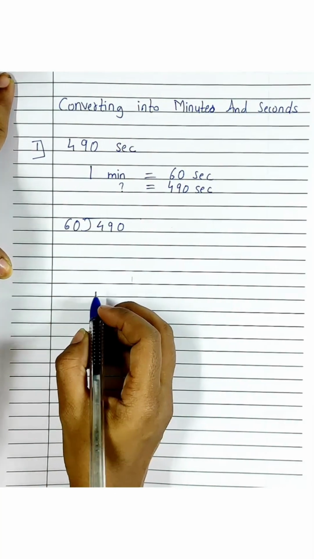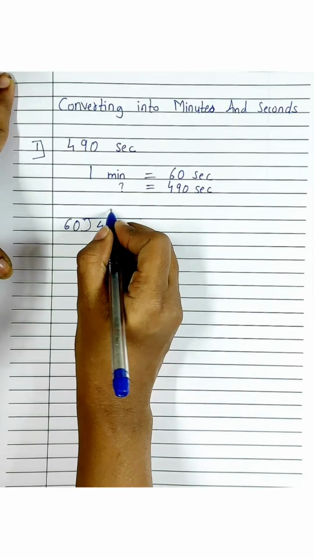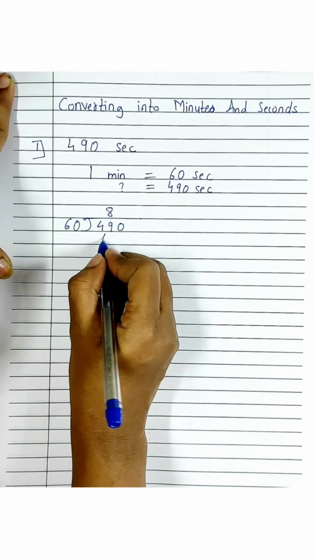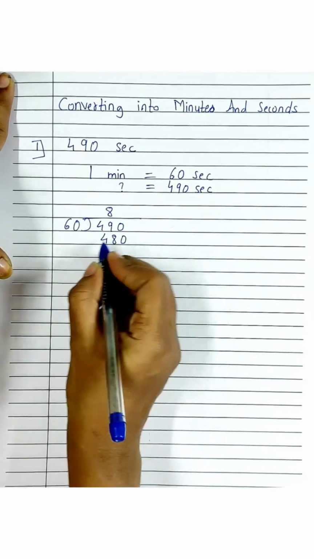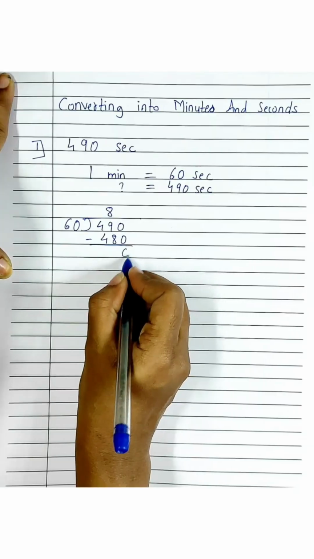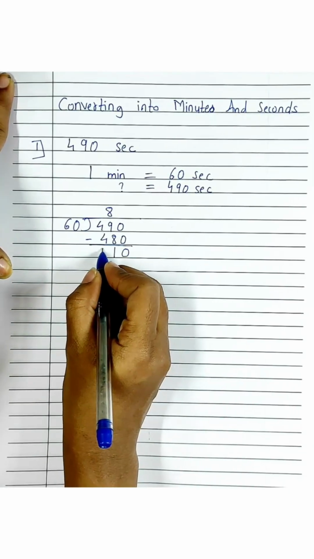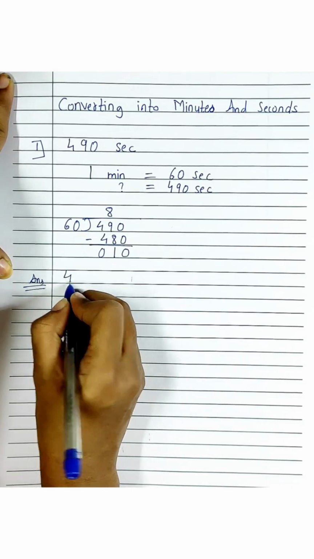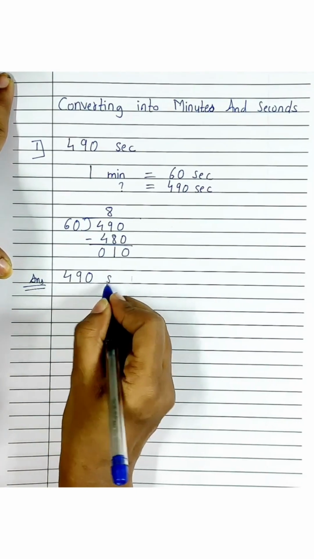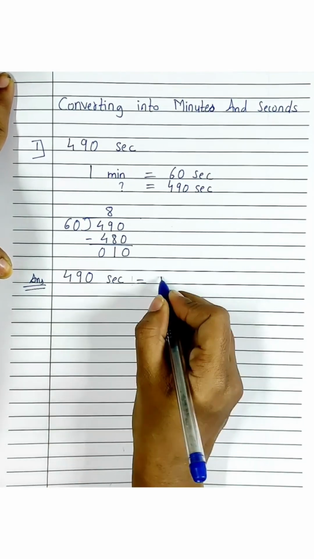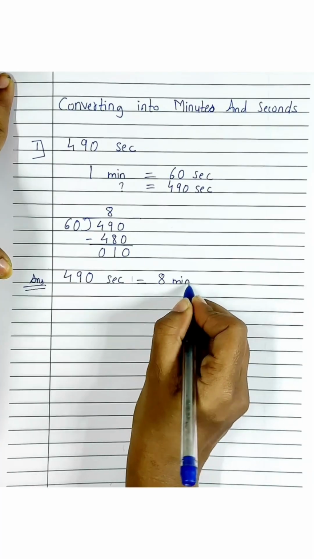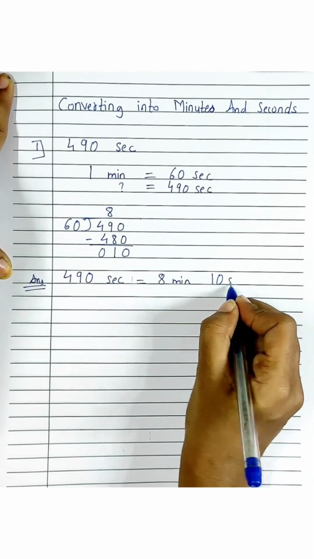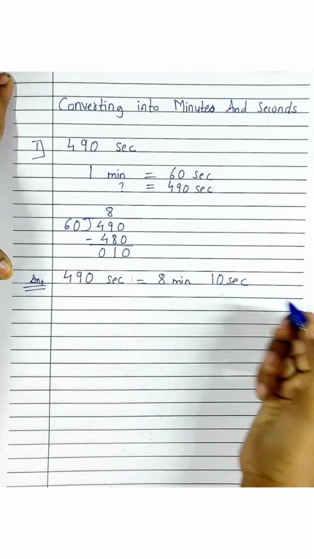So over here 60 8s are 480. Yes, so the remainder is 10. So how will you write the answer? In 490 seconds, there are 8 minutes and 10 seconds.